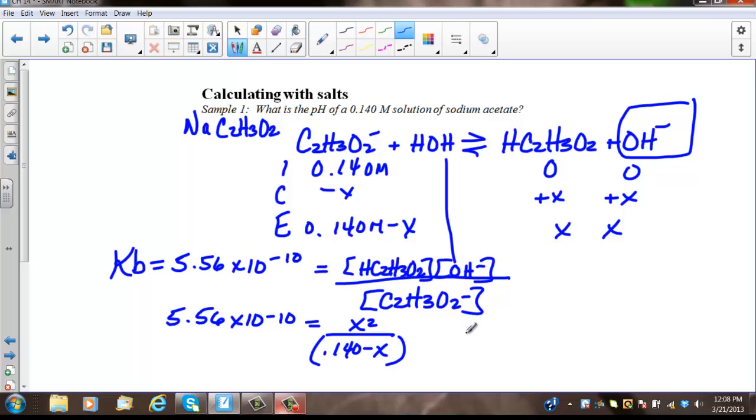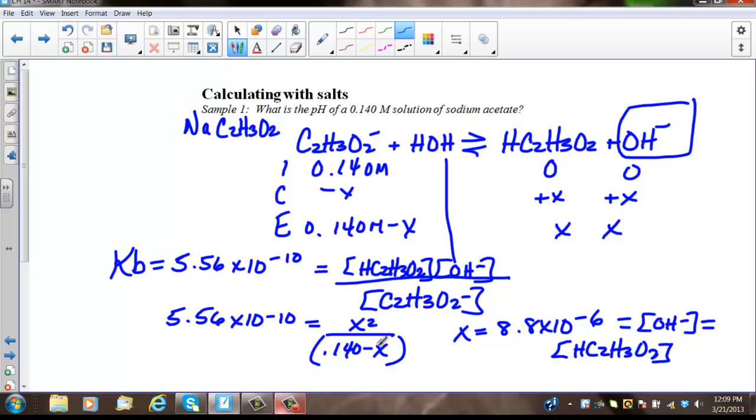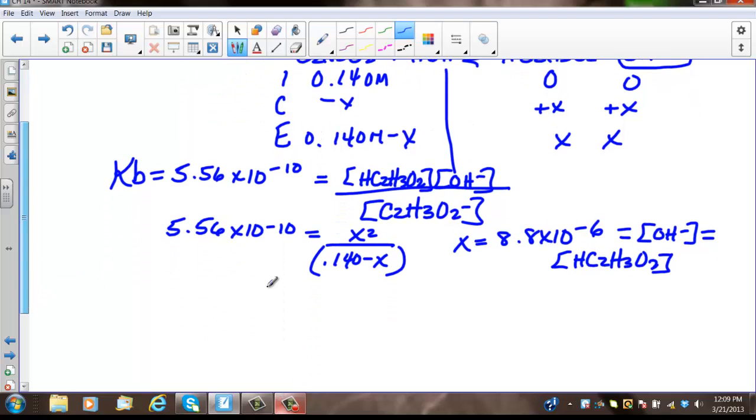When I put that in my solver, I get x is equal to 8.8 times 10 to the minus 6. This is equal to the OH minus concentration. It's also equal to the HC2H3O2 concentration. So now that I have the OH minus concentration, I cannot calculate the pH directly, but I can certainly calculate the pOH, which is equal to the negative log of the OH minus concentration.